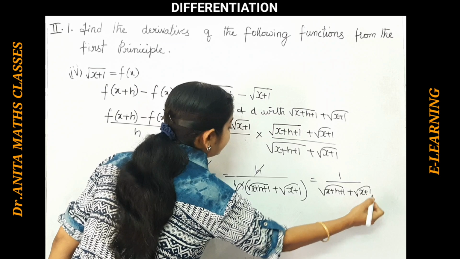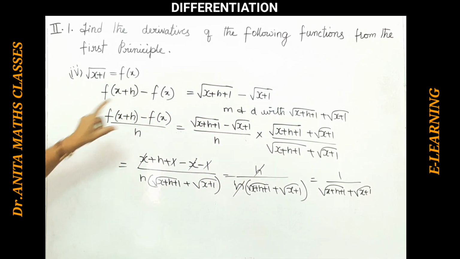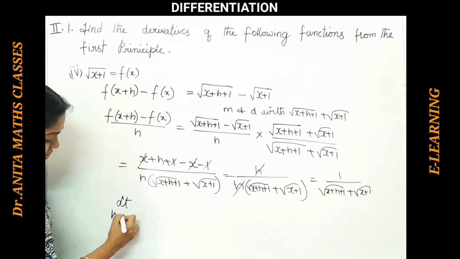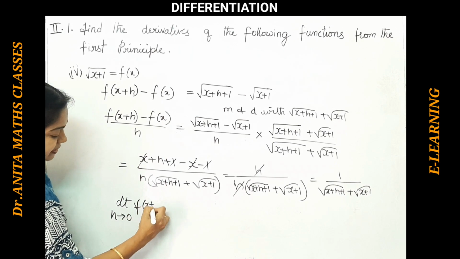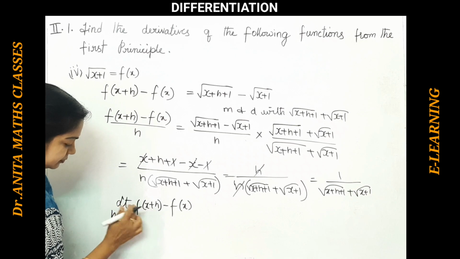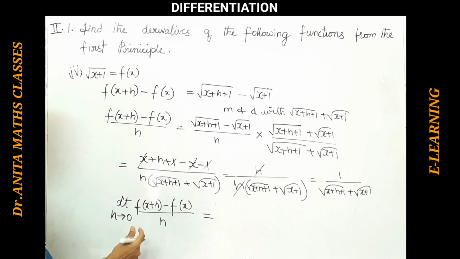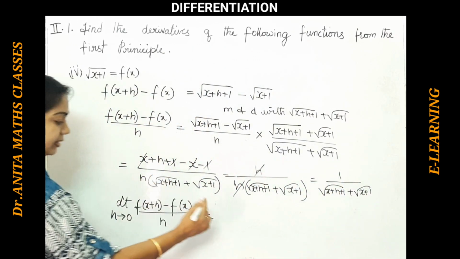Now we will apply the first principle, that is, applying the limit. According to the first principle, limit h tends to 0, f of x plus h minus f of x divided by h. This part we have simplified and we got this. For this we have to apply the limit.